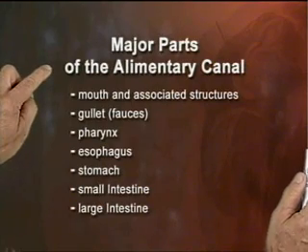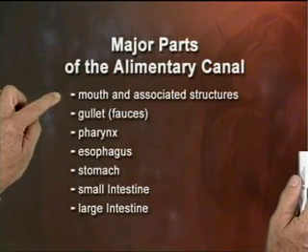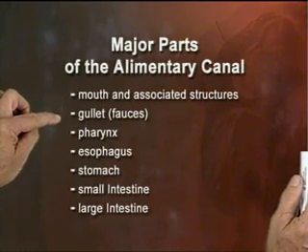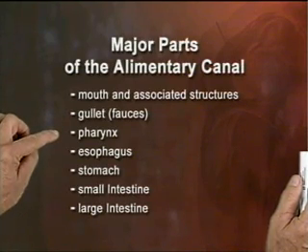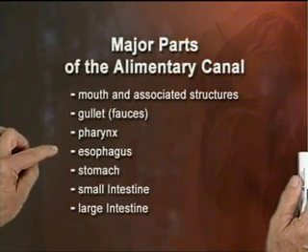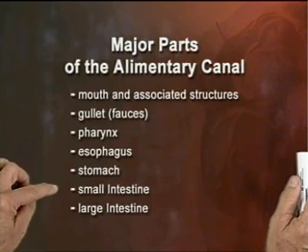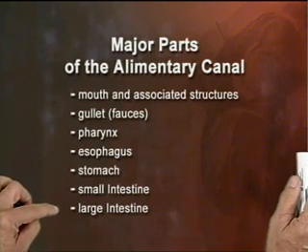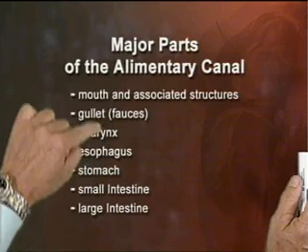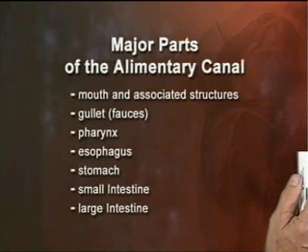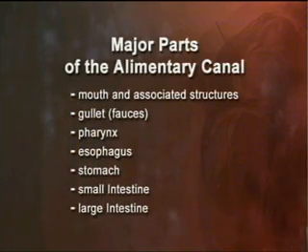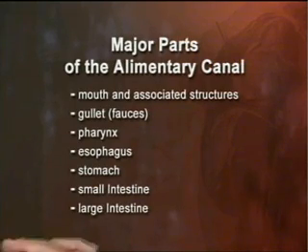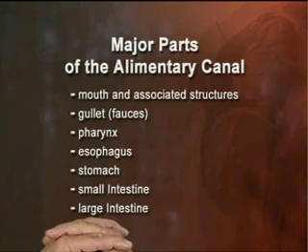Let's take a look at a graphic that summarizes these parts of the alimentary canal as we've mentioned them. Mouth and associated structures, gullet or fauces, pharynx, esophagus, stomach, small intestine, and large intestine. Now, once you mention these 7 components, you've mentioned the main parts of the alimentary canal, but you certainly haven't mentioned all the digestive system.